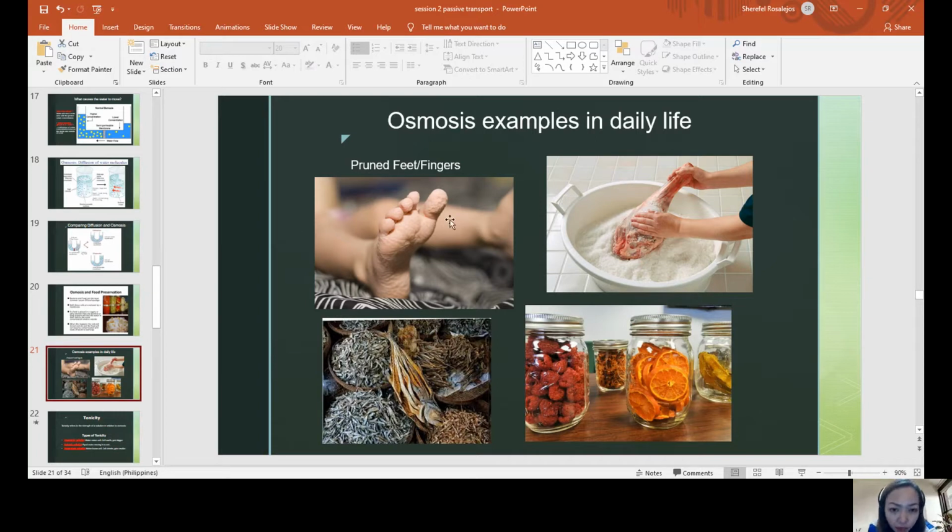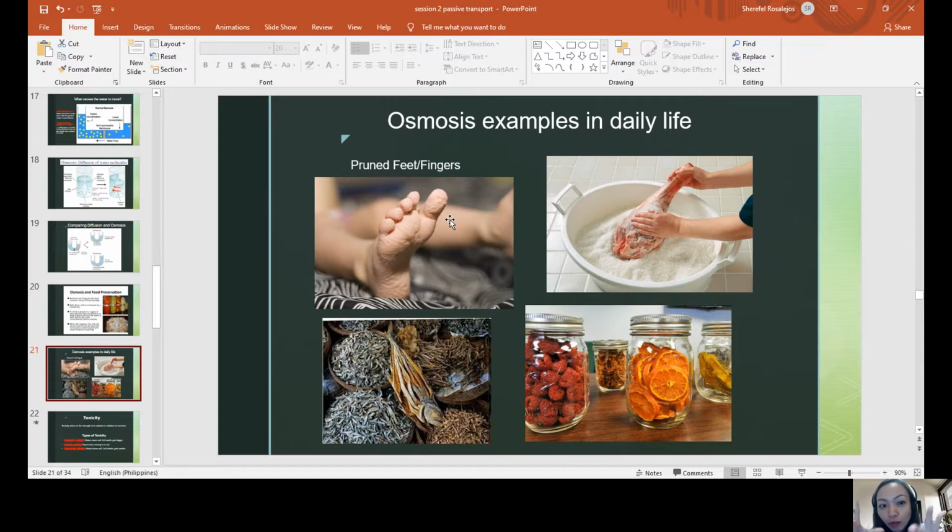Another example is prune fingers and feet. If you are swimming, right? Or you do laundry, your fingers or feet become wrinkled. What is the explanation for why they wrinkle? Because water goes in.